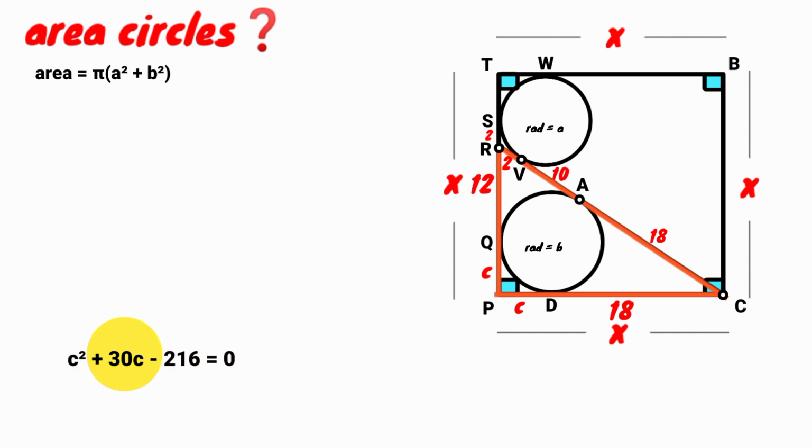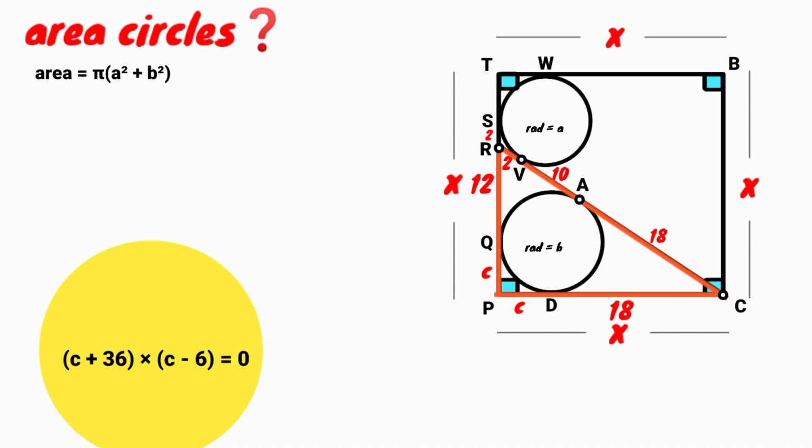This 30c can be written as 36c minus 6c. Here c squared plus 36c, we factor out c. So it is c into bracket c plus 36. And here minus 6c minus 216, if we factor out minus 6, it is minus 6 into bracket c plus 36. Here we see c plus 36 is common. We factor it out.